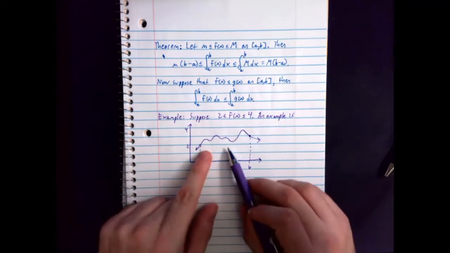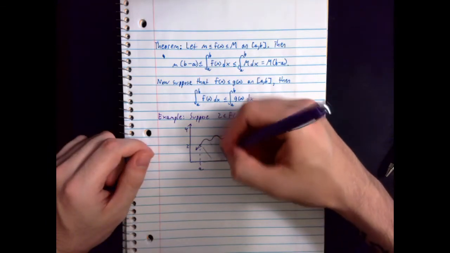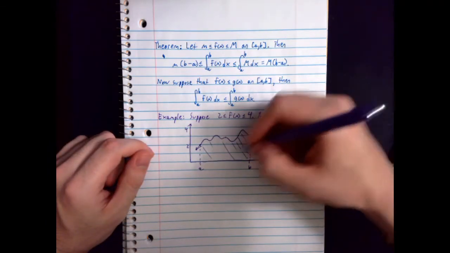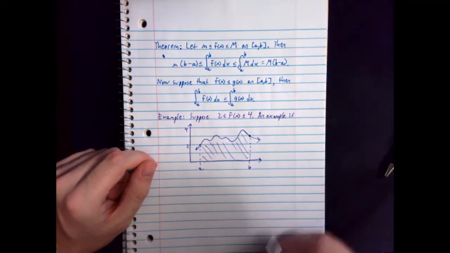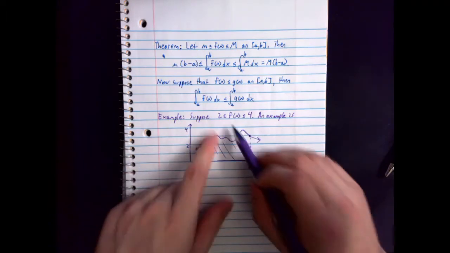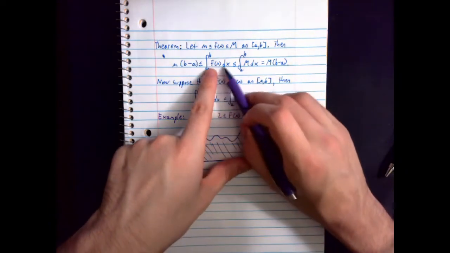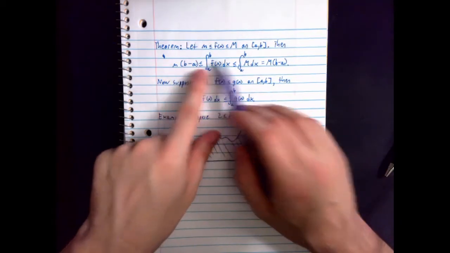Well, let's think about what the integral is. The integral is just this whole area. So the integral from a to b of f of x is just capturing this area right here.